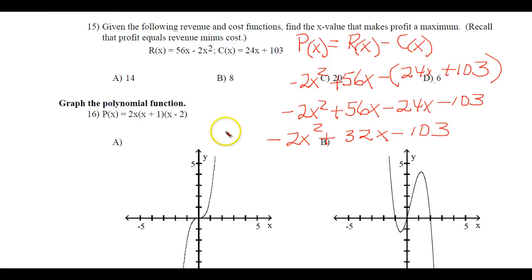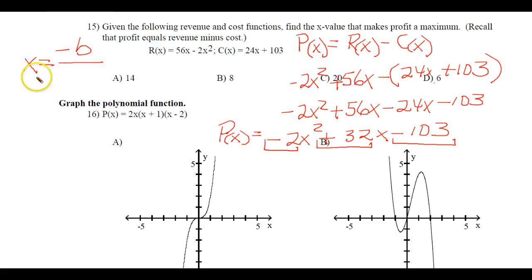So this is our function here, profit I should say, and we want to identify our A term, our B term, and our C term, because for this we're going to use the part of the vertex formula, which is x equals negative b over 2a.